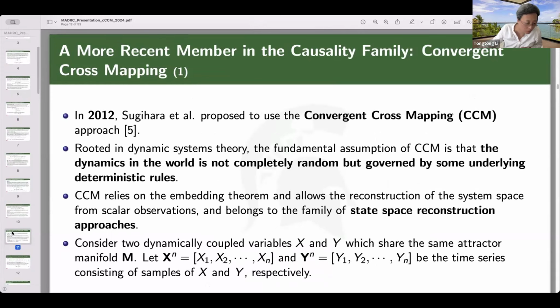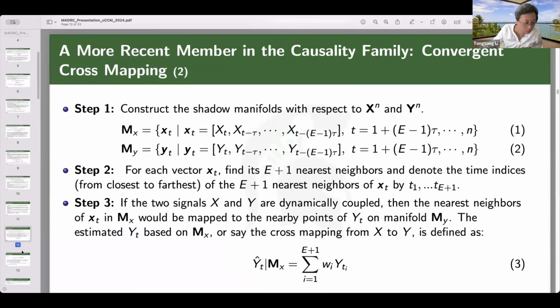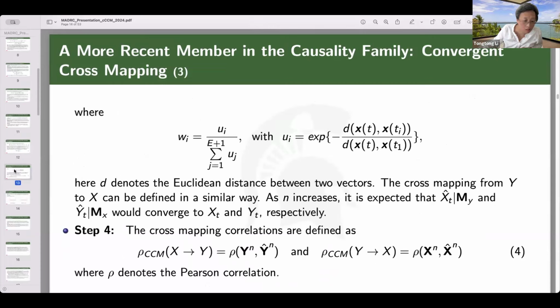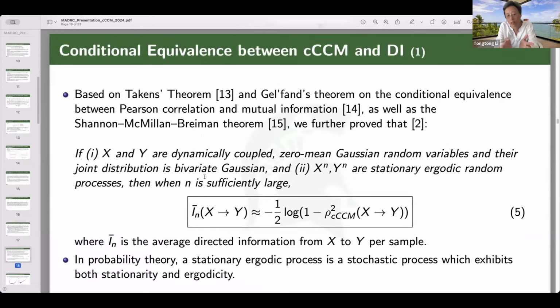Directed information has a clear physical meaning, which is the directed information transfer, or you can understand it as the rate, how fast the information is being transmitted from one region to the other.